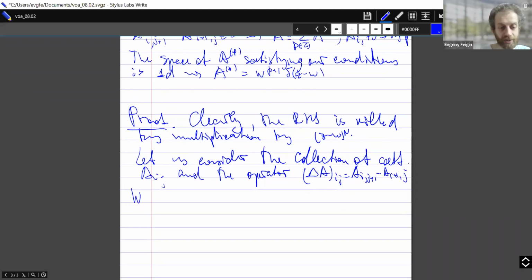We know that delta to the n of A is 0. We had this condition for n equals 1 upstairs, and now this is the general n case.